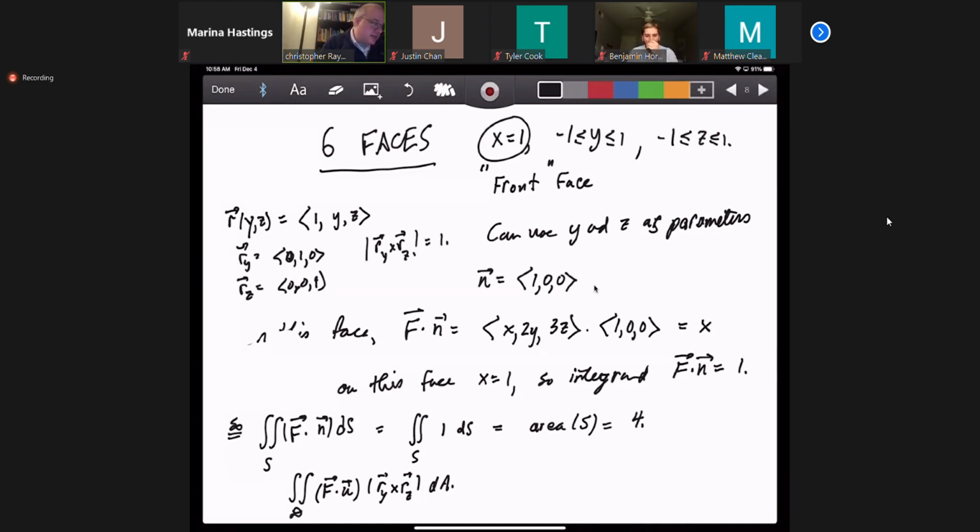In fact, j cross k gives you i, right? And that's going to have length 1. So your integral becomes the integral from -1 to 1 in both y and z of 1. Integral of 1 dy from -1 to 1 is going to be y, from -1 to 1, which is 2. So you're going to integrate 2 again. It'll produce a factor of 2. So you know you're going to get 4 out for that.